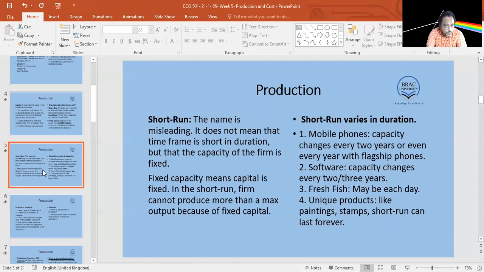Only one piece has been produced, and this one piece amount of capital will never be increased. It will never change. In that case, the short run can last forever. Unique products like paintings or very rare stamps, which can't be reproduced now, the short run can last forever.